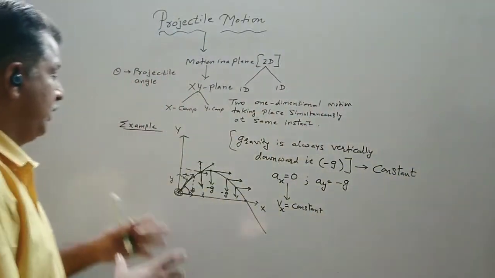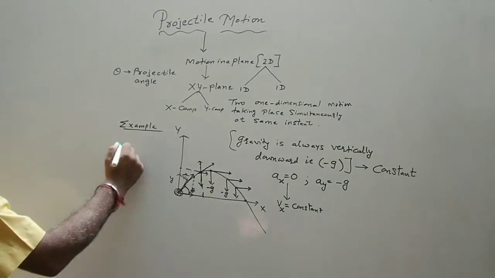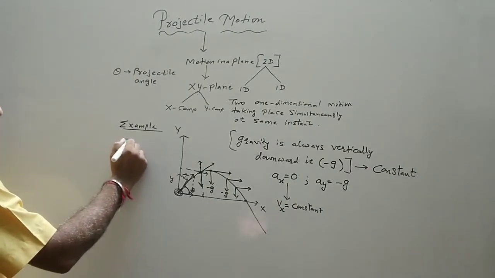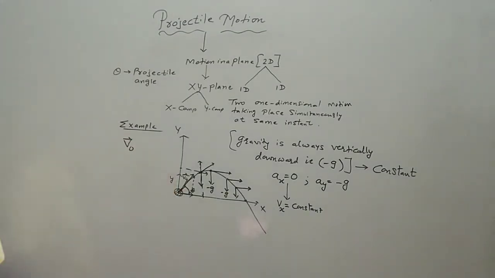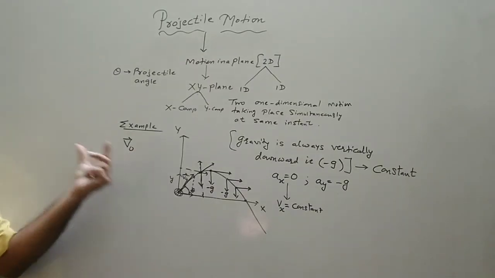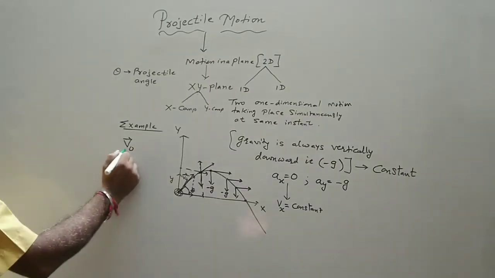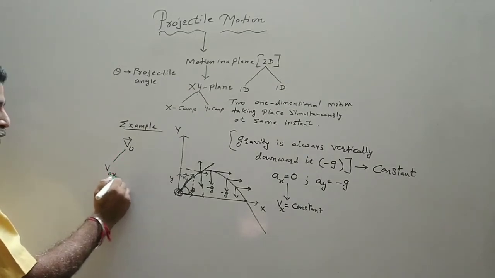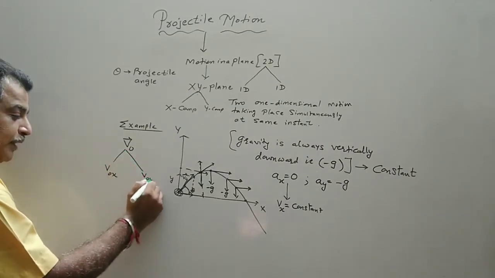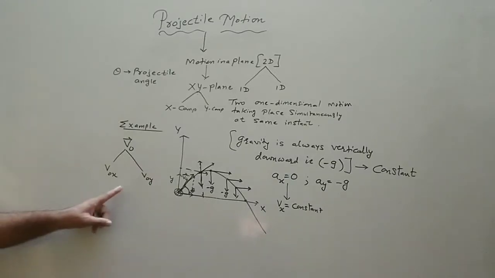So initially when the object is thrown or kicked, here we have taken the example of a football. If a football is kicked with the initial velocity v0, we will resolve it into v0x and v0y, that is, the x component and y component of initial velocity.